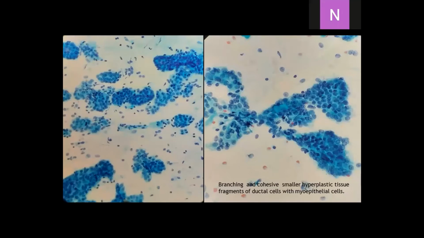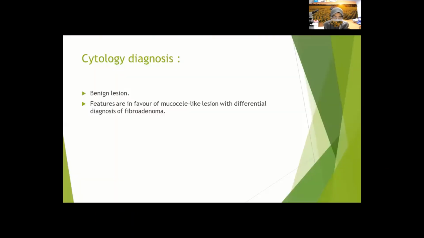The red arrow highlights the myoepithelial cells that intermingle and blend together with the ductal cells. So based on those features, the cytology diagnosis was benign.